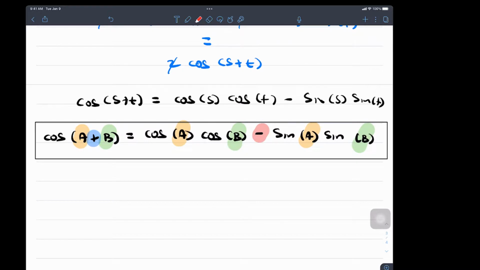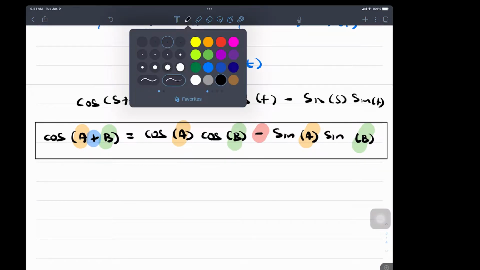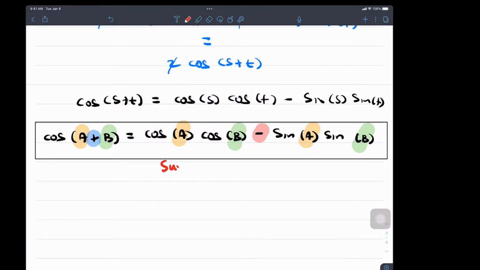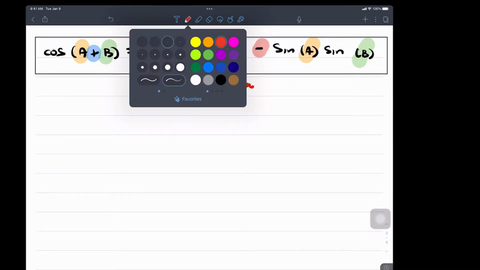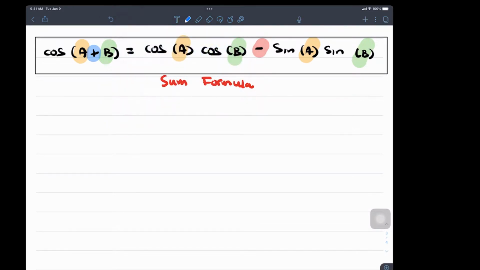And so what we have actually is the sum formula. And then you might say, well, do you have a difference formula? Yes, we do.